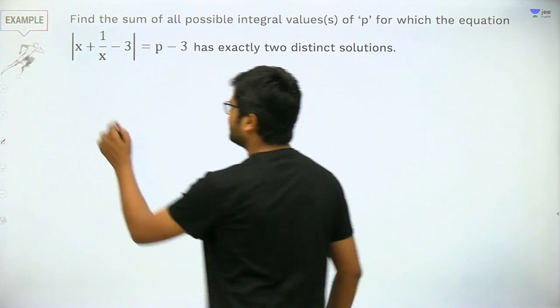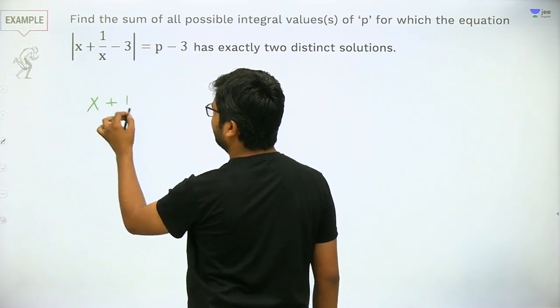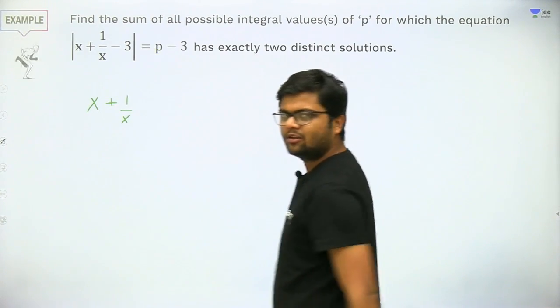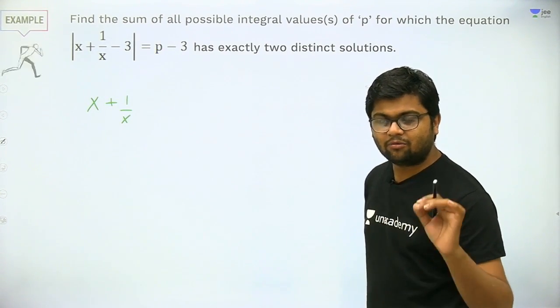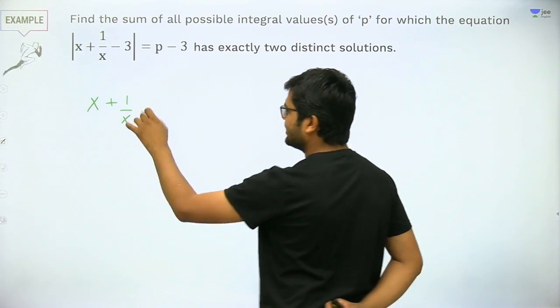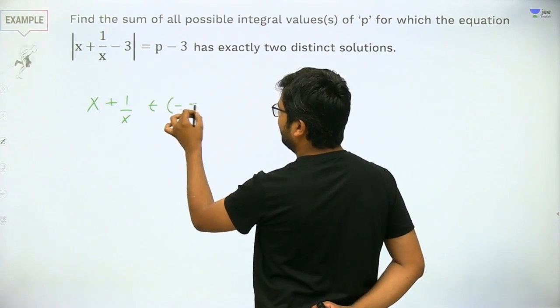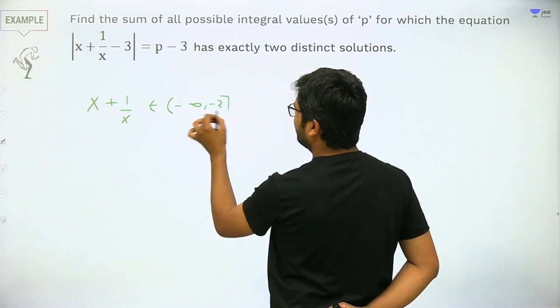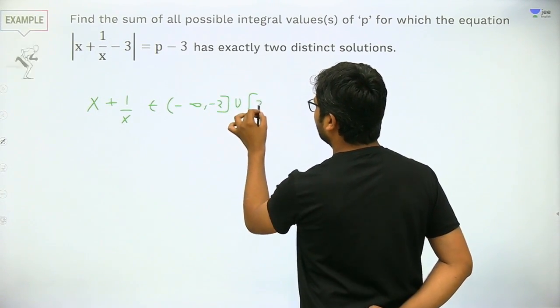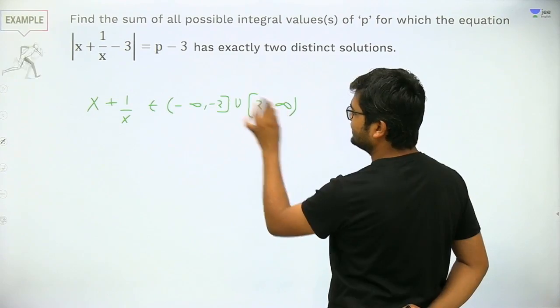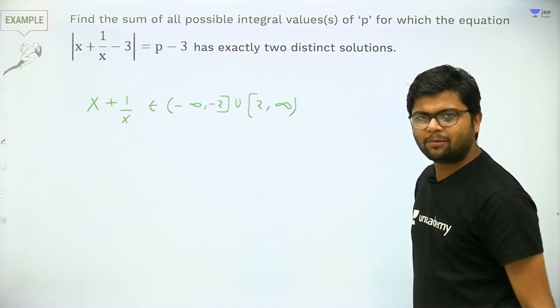Okay, so this expression x plus 1 by x, this is a very beautiful expression. IIT uses this expression various number of times, and this expression has range minus infinity to minus 2 closed, union 2 closed to infinity. Got my point?